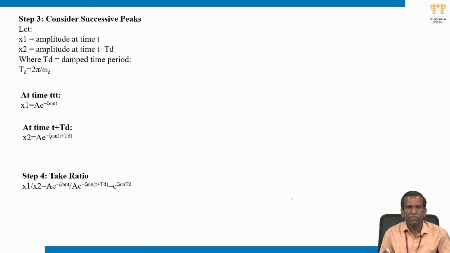So x1 is A e power minus zeta omega n t. x2 is at time t plus td, as I just mentioned, x2 is A e power minus zeta omega n (t plus td).